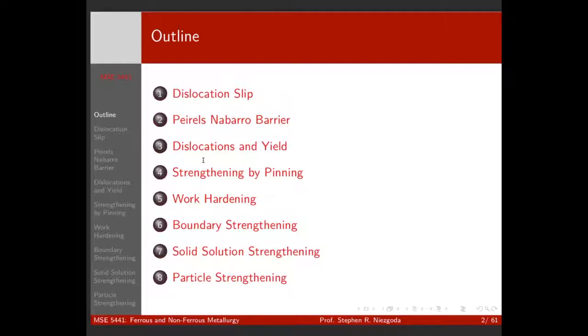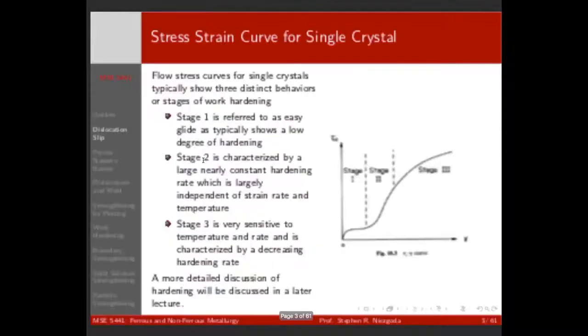We'll talk a lot about why aluminum doesn't work harden as well as other systems. Strengthening is a super important topic that's going to keep coming up over and over again throughout the rest of the semester.